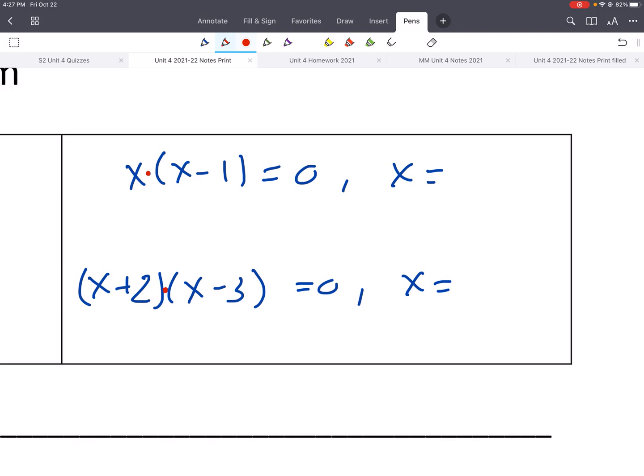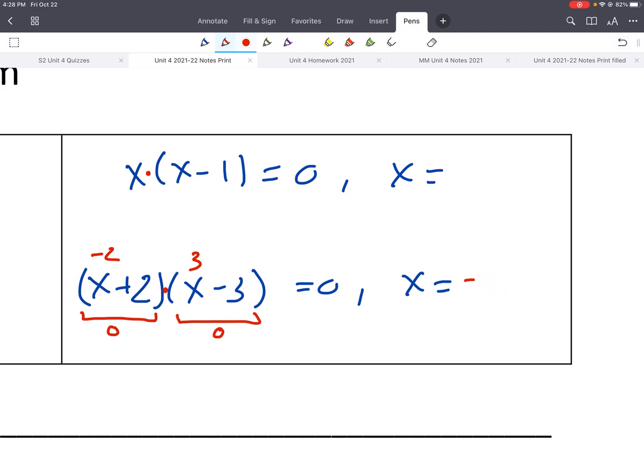Then what does x have to be? All right? So either this has got to be 0 or this has got to be 0. Right? Because if one of those is 0, then the whole thing is 0. So here x would have to either be negative 2 or positive 3.